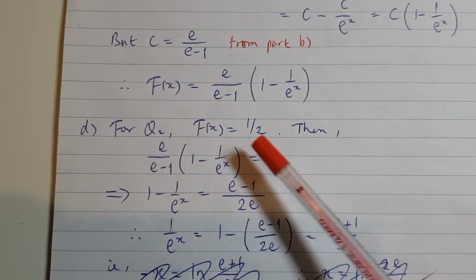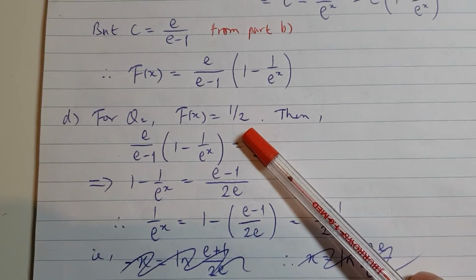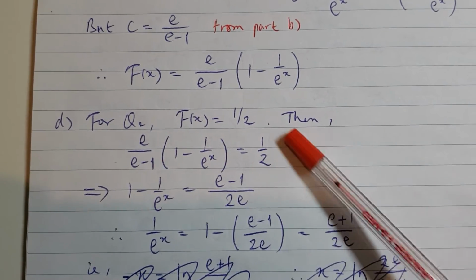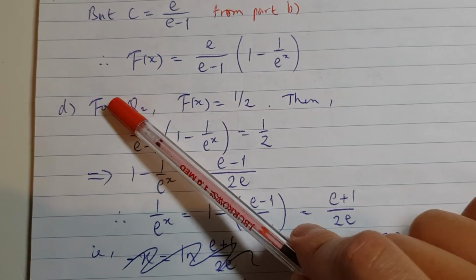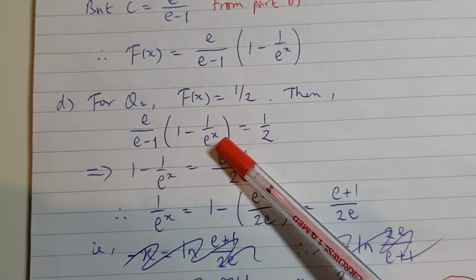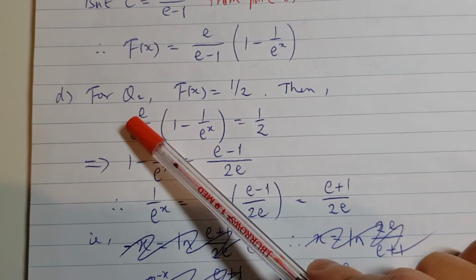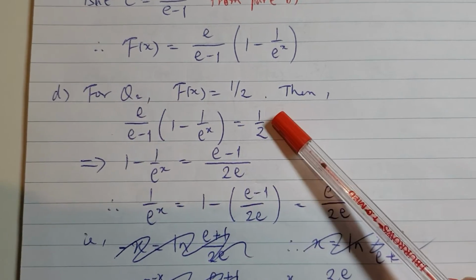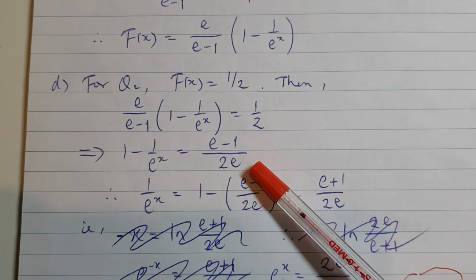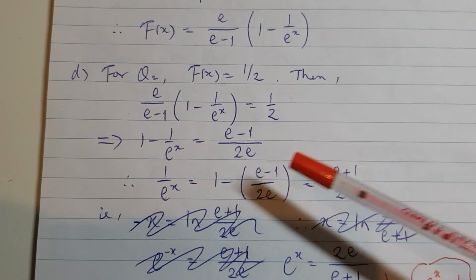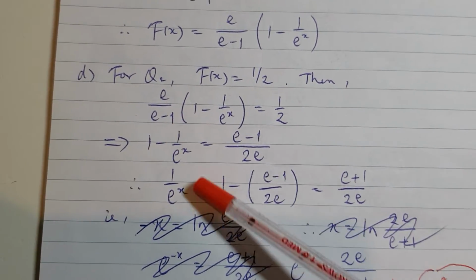So median is half. So you can set that function equal to half. So all of a sudden it now becomes an equation to solve for x. So therefore divide everything by this, e over e minus 1, then you get this. Okay, so then it's 1 minus that. And now I'm going to make this 1 on e to the x the subject.